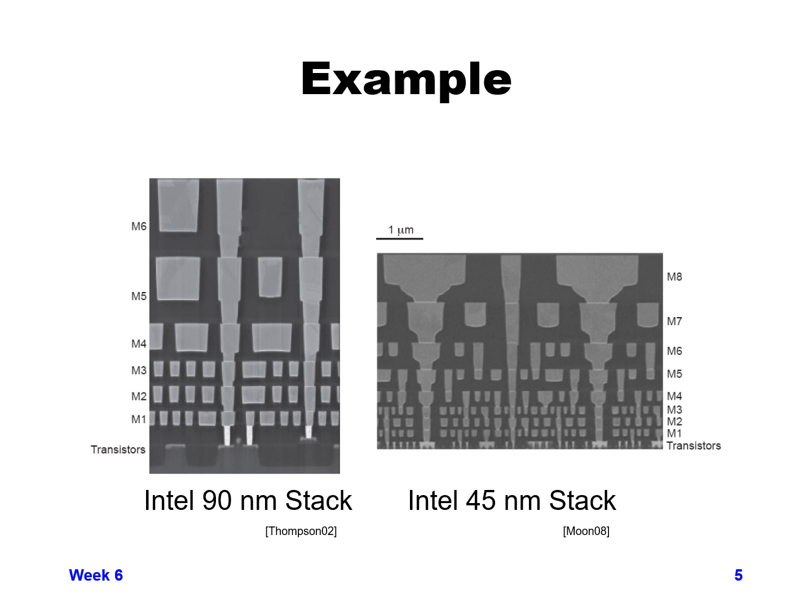Here are a couple examples, and these of course are fairly old examples of Intel 90 nanometer stack where there was 6 metal layers, and you can see the lowest metal layer can be the narrowest with narrowest spaces.